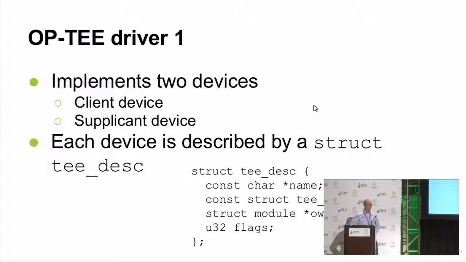A device is described by a struct tee_desc, which contains a name and the ops, which are these callback functions mentioned before. It's in the flags field that determines whether it's an ordinary client device or a supplicant device.